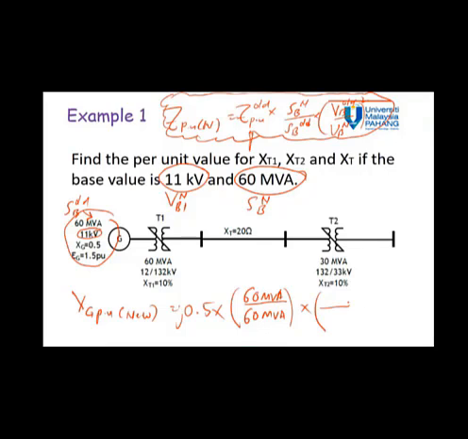Squared, these cancel out, and we get the same per unit value for the generator.